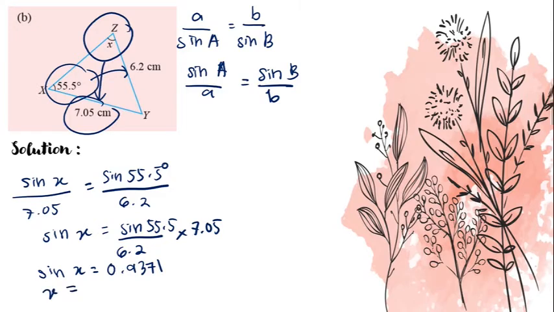So x becomes sine to the power of -1 of 0.9371. On the calculator, you press shift sine, and you will get 69.57 degrees. This is the size of angle x.